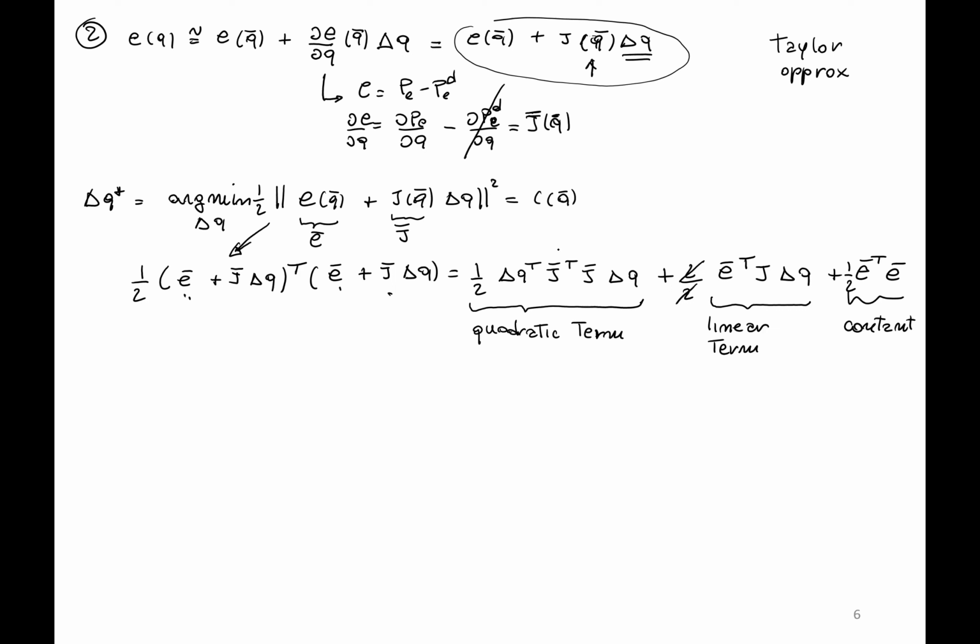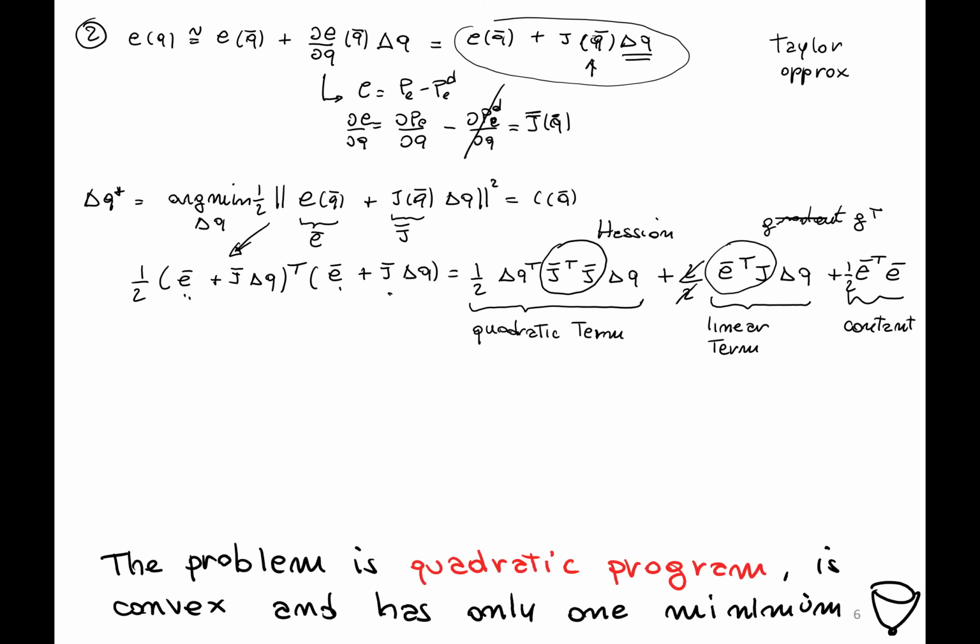Now we can call this the Hessian. So because our cost is quadratic, we have a quadratic program to solve. And in a quadratic program, this matrix is called Hessian, and this vector is called gradient G transpose. Now, because it's a quadratic program, it is convex. So let's think about a multidimensional function with only a minimum.